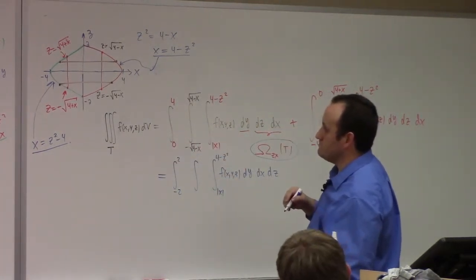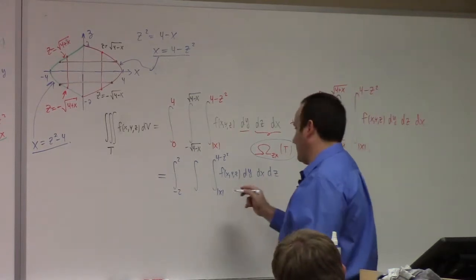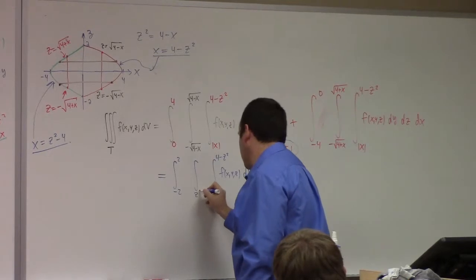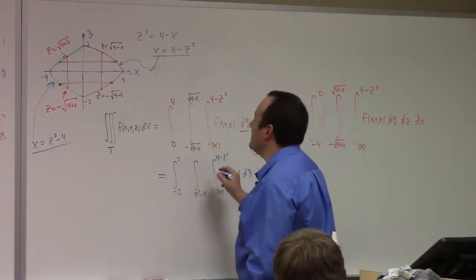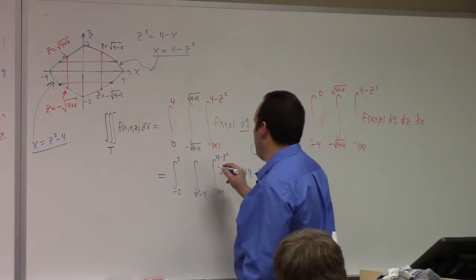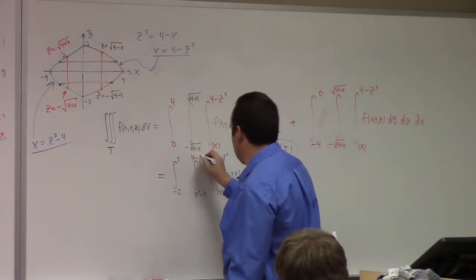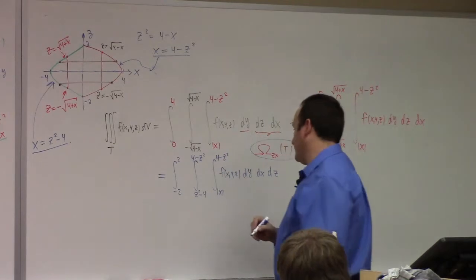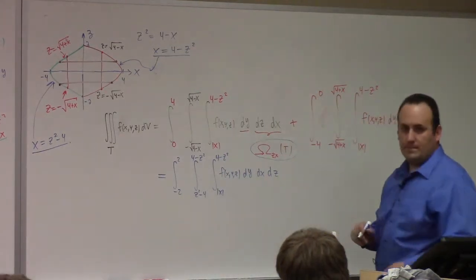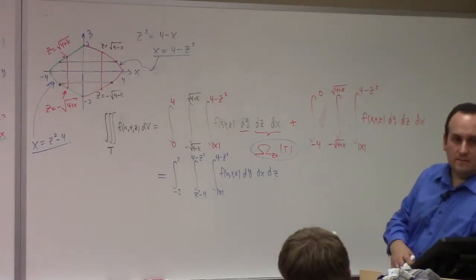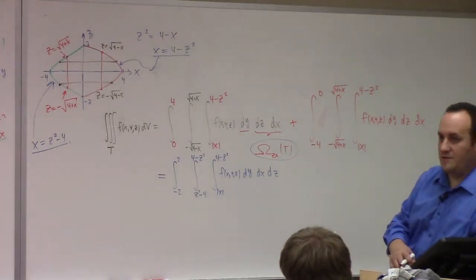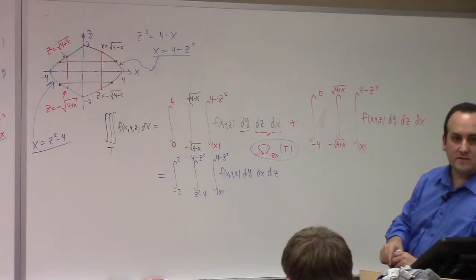So z squared minus 4 is the smallest x can be, and 4 minus z squared is the largest. So yes, that would be easier, because you don't have to break it up into two pieces.